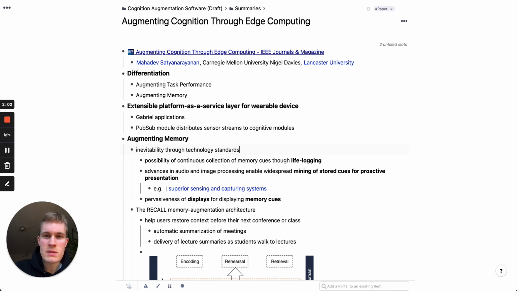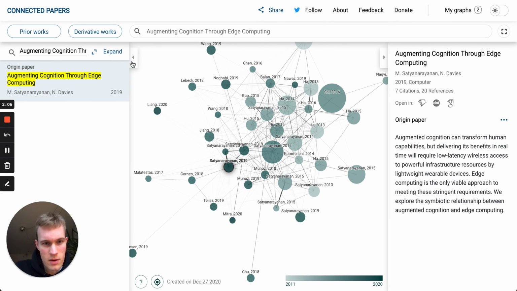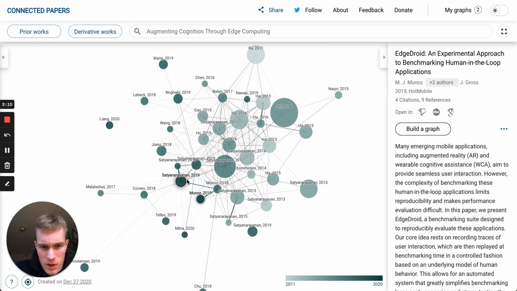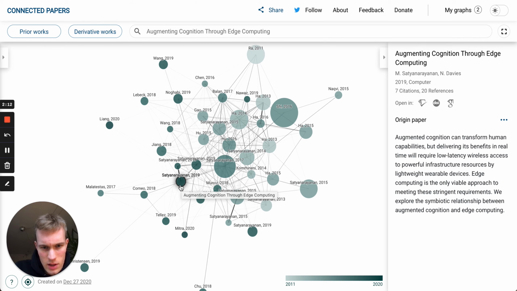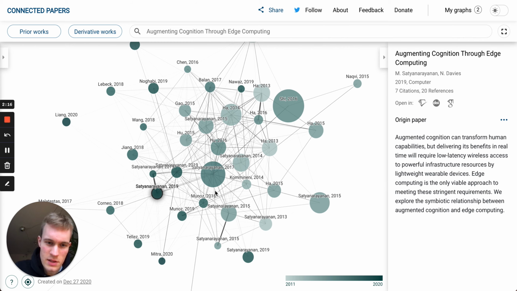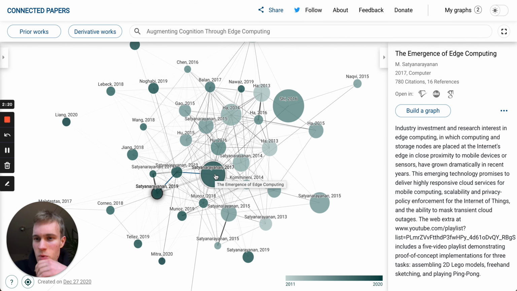Now let's maybe briefly look at the citation graph and what other papers are related to it. So we see our paper here with a black border, and we see it's sort of on the edge of this grouping, with this one being the most dominant.